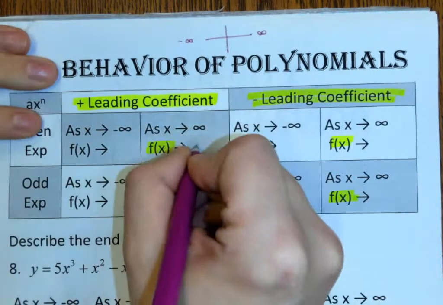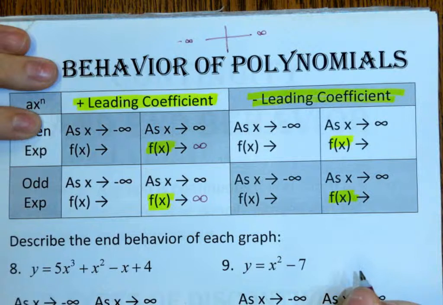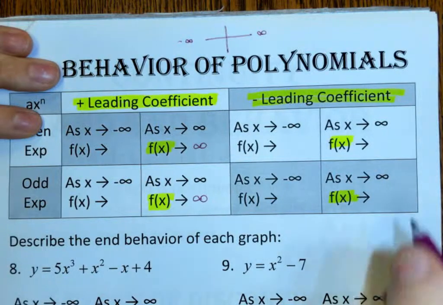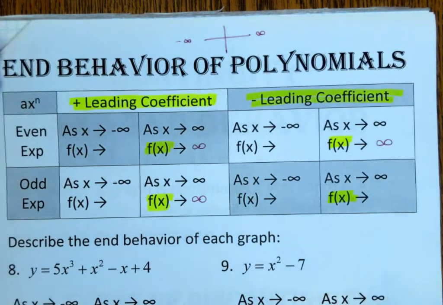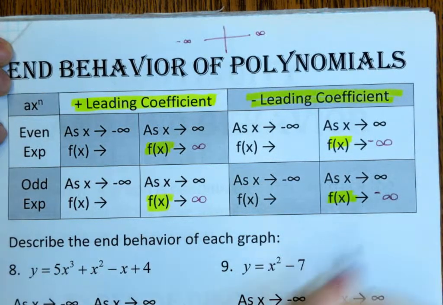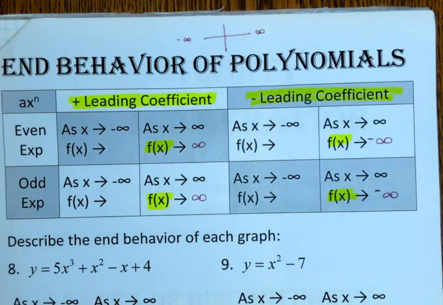Up. My graph goes up to positive infinity. If my leading coefficient is negative, what do you think I'm going to do? It's going to go down to negative infinity.